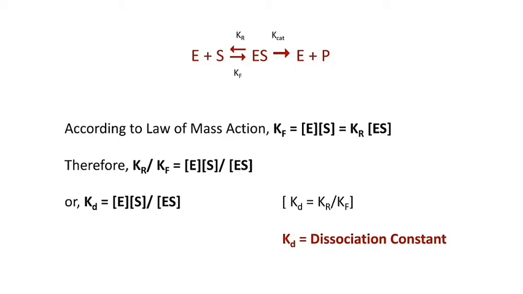According to the law of mass action, we can say that Kf times Es equals Kr times E into S, that is the enzyme concentration and the substrate concentration, or we can also say that Kf equals Kr into Es, that is the enzyme-substrate complex concentration. From that we can say that Kr by Kf equals E into S by Es, and the Kr by Kf ratio is also known as Kd, the dissociation constant.